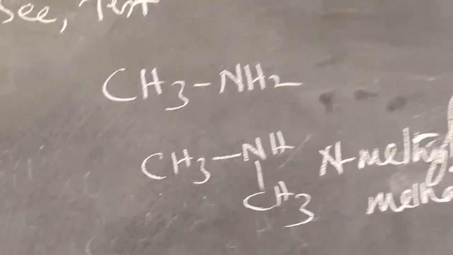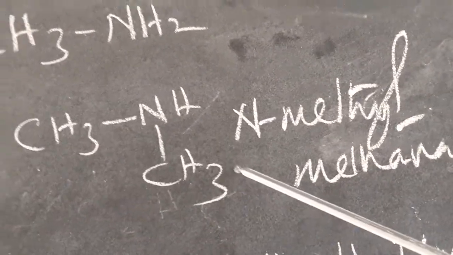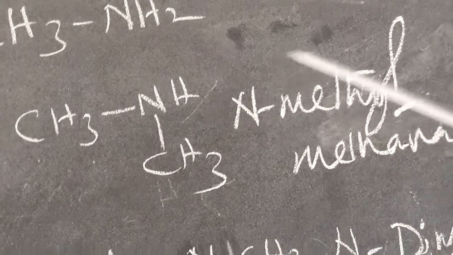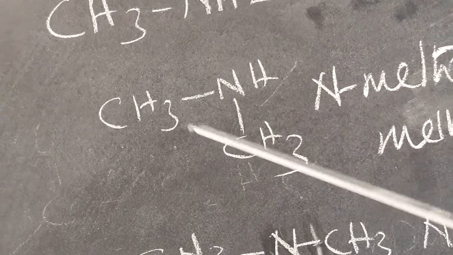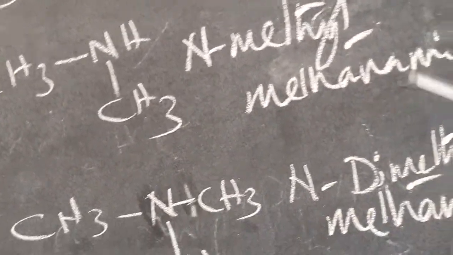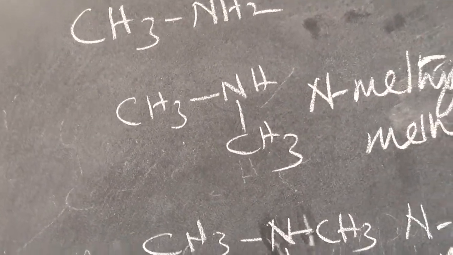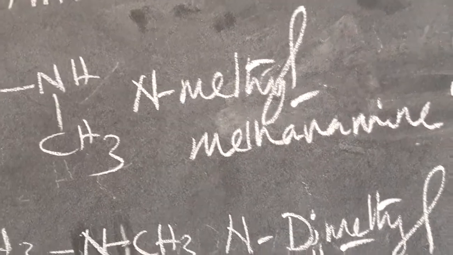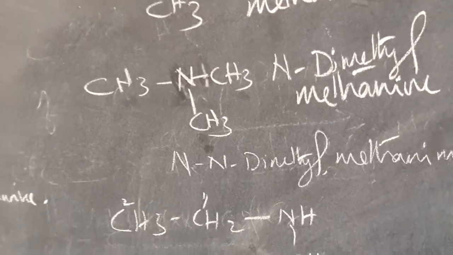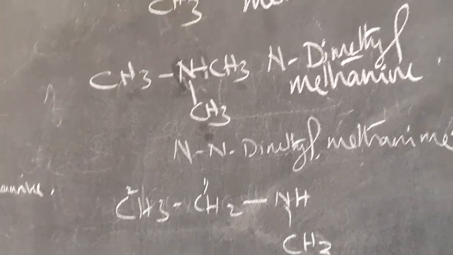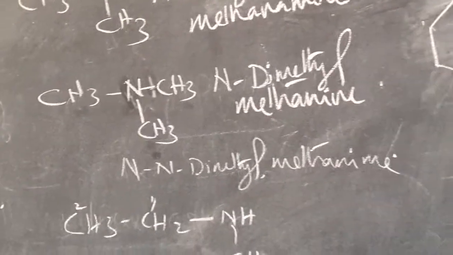Again, the simple compound CH3NHCH3 should be named N-methyl methanamine. One methyl group you have to mention on nitrogen. Simply you can say dimethyl ammonia, and the IUPAC name is N-methyl methanamine.